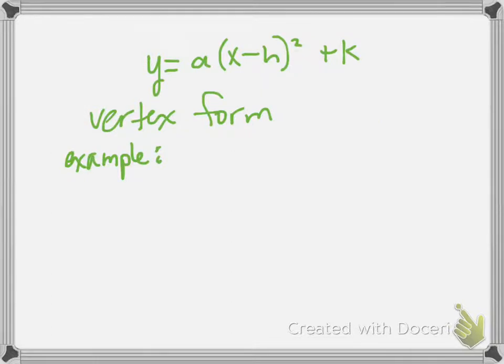Okay, and the third form of a quadratic that we're looking at is what I call vertex form, and I think your textbook called it graphing form. If you go back to some of the first lessons of this new quarter when I started posting work, we were working on this.